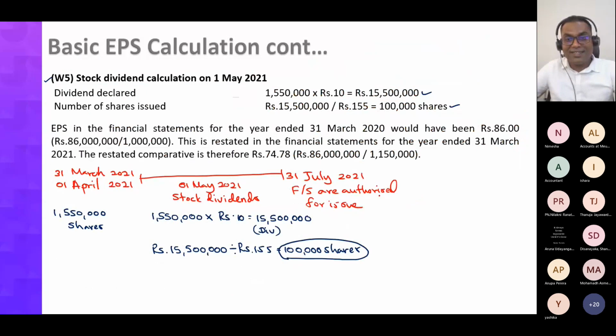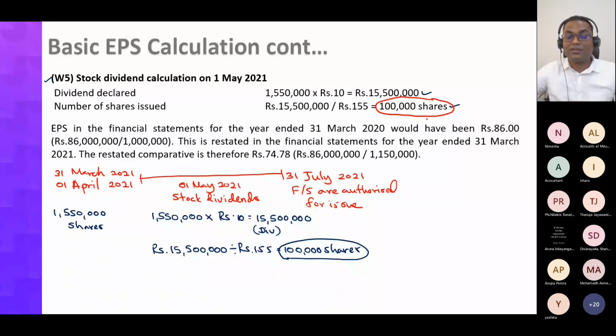Not only that, my current financial year is over by 31st March 2021, but in the next year, before the financial statements are authorized to issue, another 100,000 shares have been issued as stock dividends. Again, an increase in number of shares without a corresponding increase in the resources.